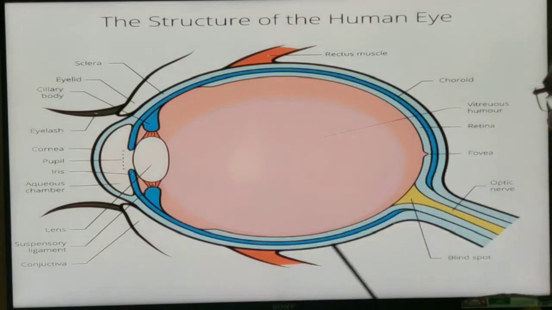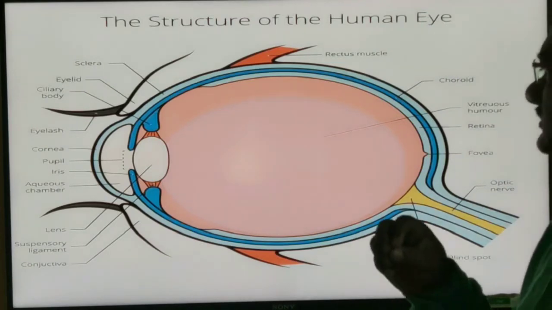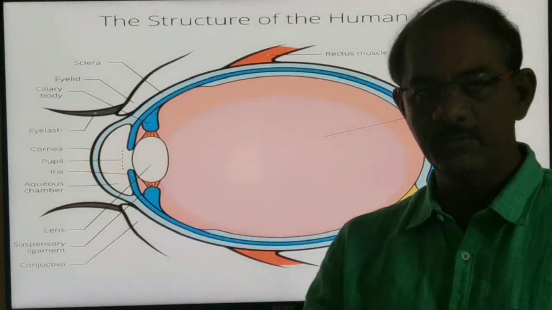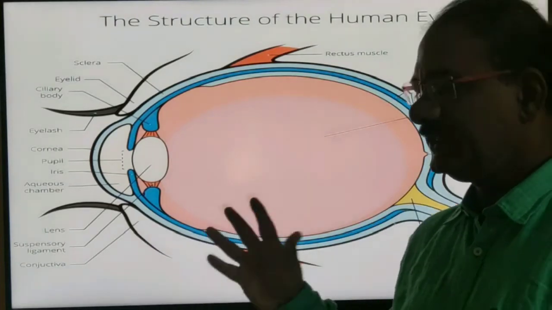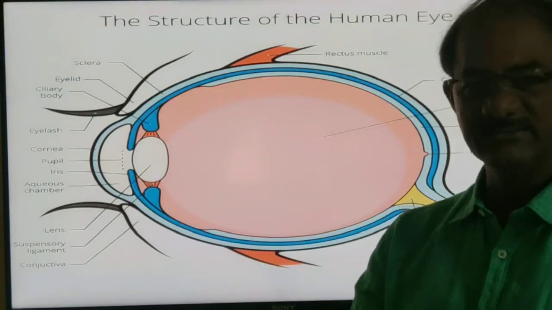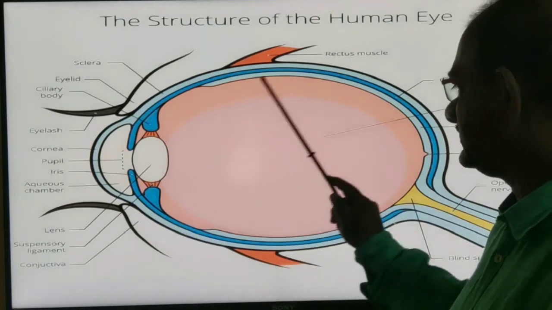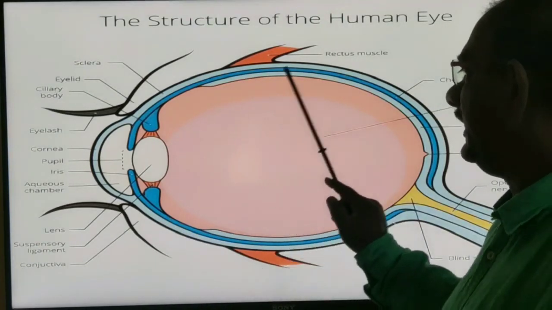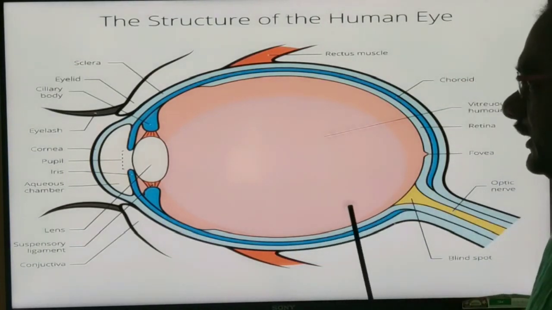These structures are generally present in the anatomical structure of the human eye. Each and every part is studied in detail with the help of the chart and the digital frame.